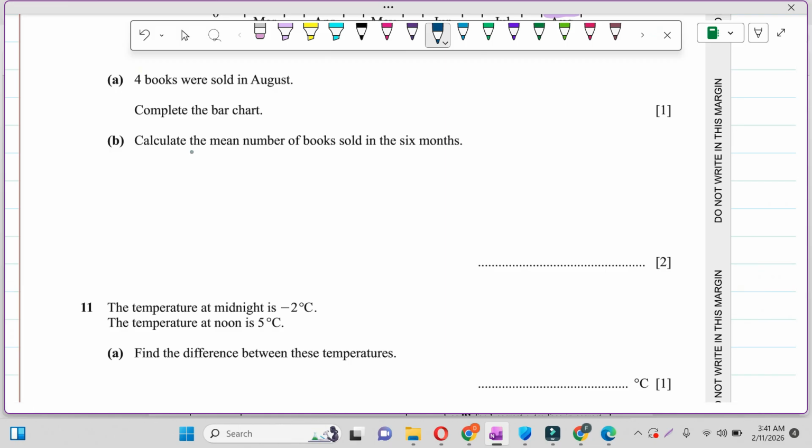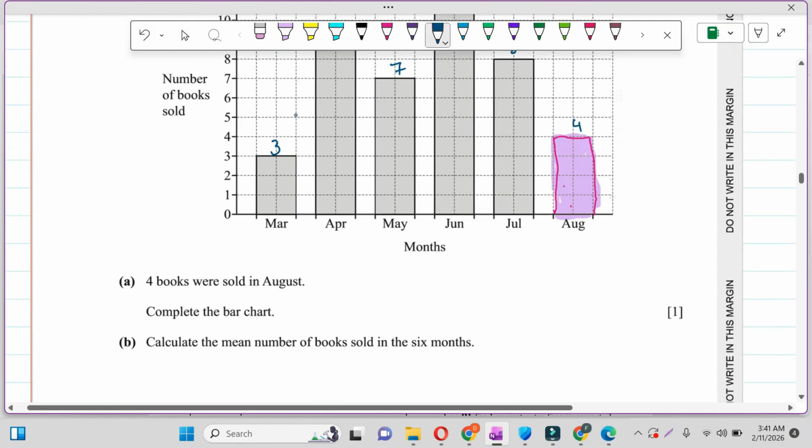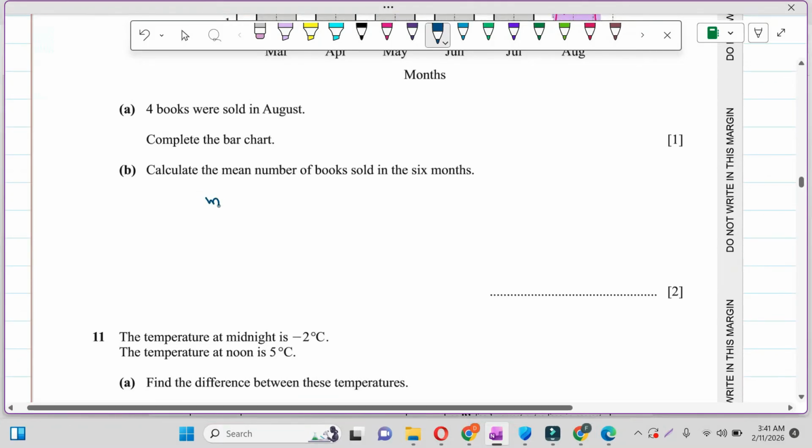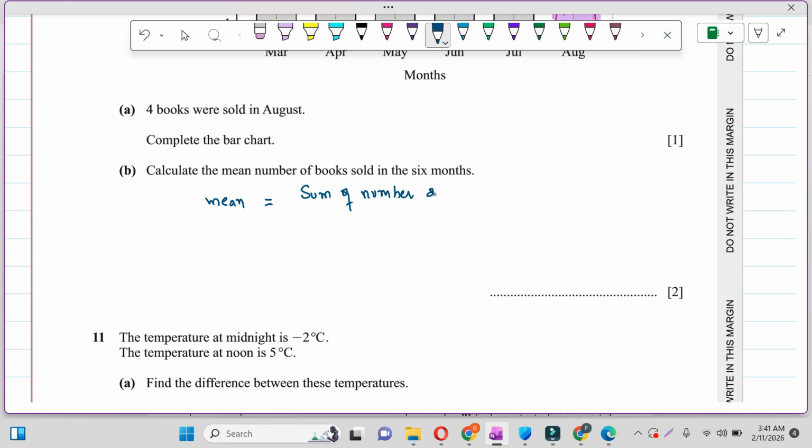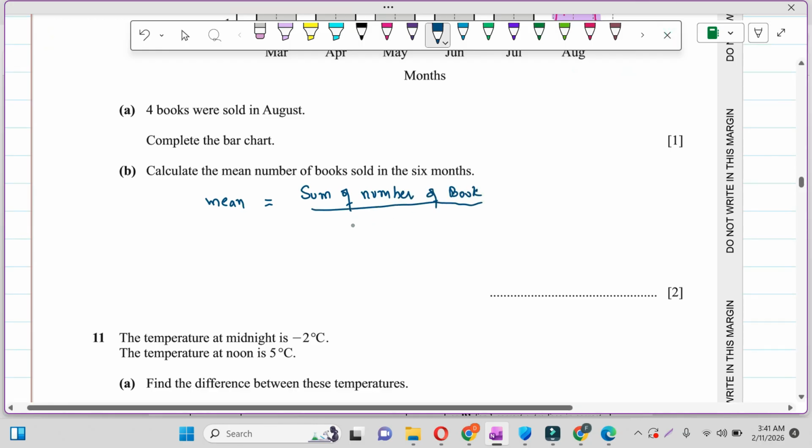Part B. Calculate the mean number of books sold in the 6 months. Okay, we know that to find the mean, sum of number of books divided by number of months.